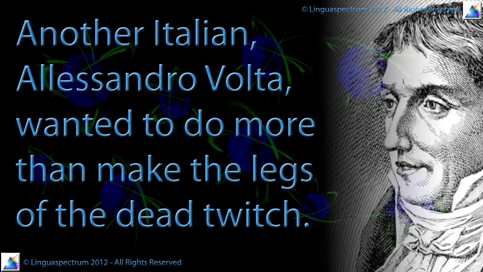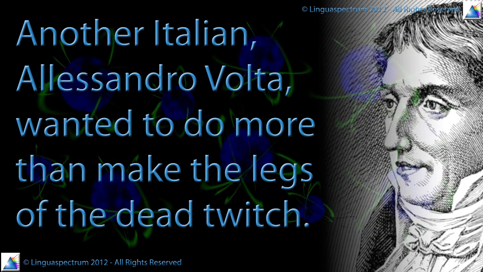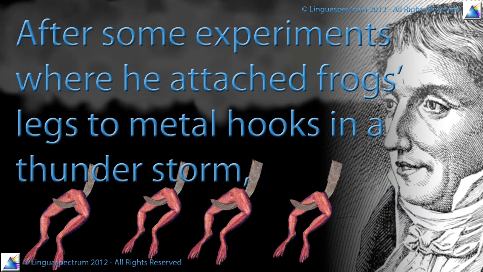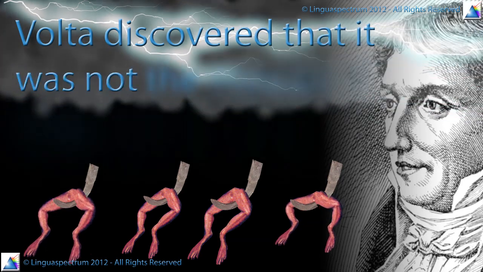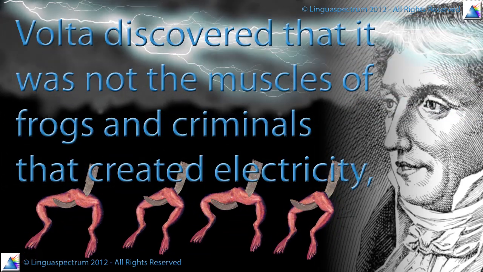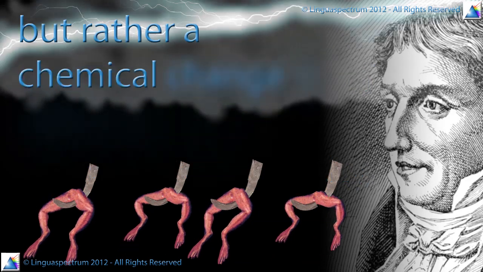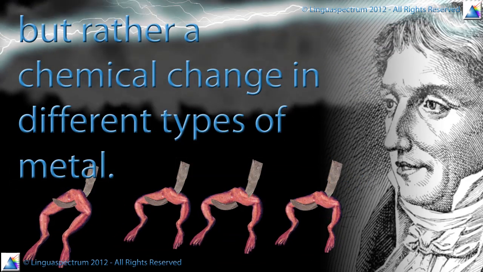Another Italian, Alessandro Volta, wanted to do more than make the legs of the dead twitch. After some experiments where he attached frogs' legs to metal hooks in a thunderstorm, Volta discovered that it was not the muscles of frogs and criminals that created electricity, but rather a chemical change in different types of metal.